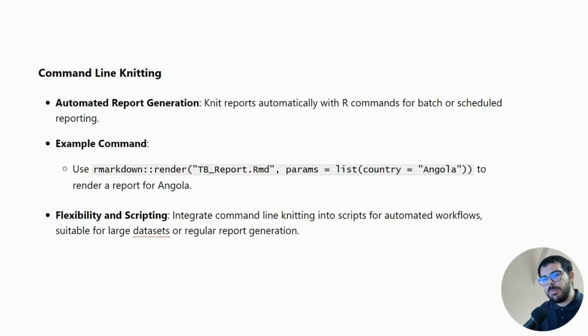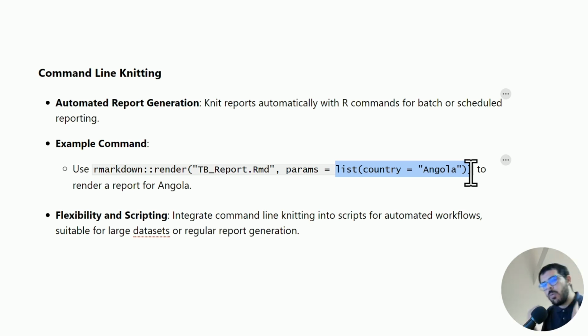So one example command is basically using the render function from R Markdown. So basically we say rmarkdown::render, that means access the render function from the rmarkdown package and render this report using the params in the list as country equals Angola. So the idea here, in the params header in the YAML section, we specify that country equals Angola.